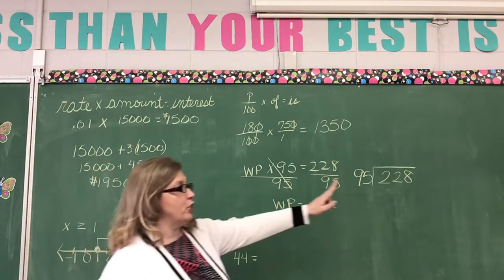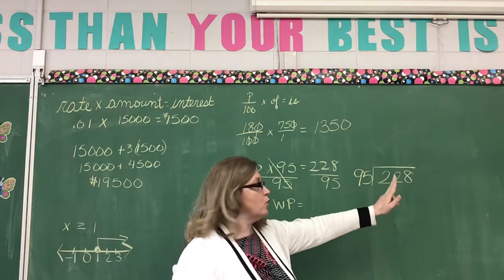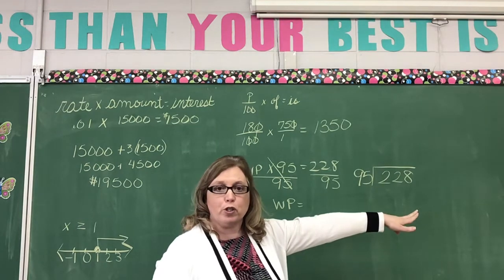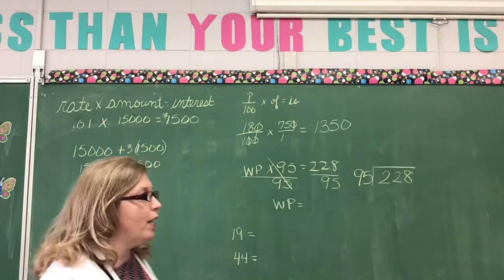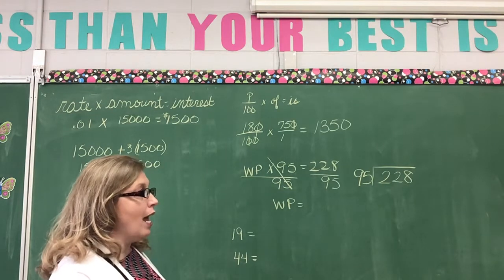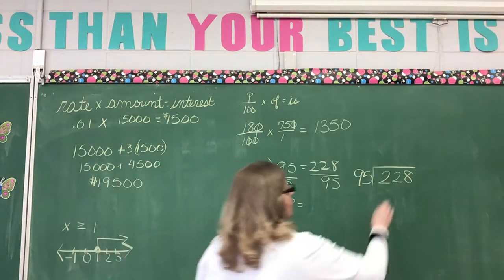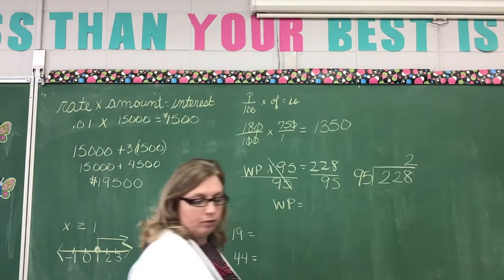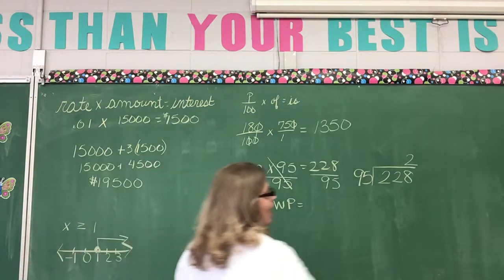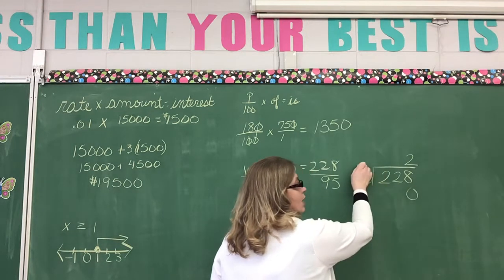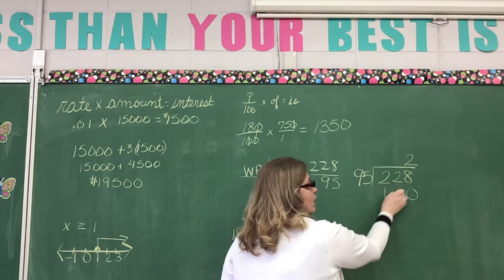95 will not go into 2. It will not go into 22, but it will go into 228. How many times? Okay, it's going to go into it 2 times, right? So let's put our 2 up there. Now, once you multiply it by 2, 2 times 5 is 10. 2 times 9 is 18, plus the one you carried is 9.